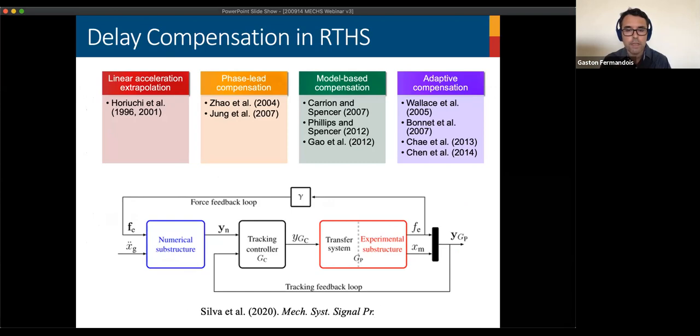Currently, there is a benchmark problem in RTHS that faces this dilemma by providing a platform in order to assess different solutions of delay compensation and try to understand what are the advantages and benefits of different compensation schemes. So this is also well known in the literature, and this is something that caught the attention of many researchers in the field.